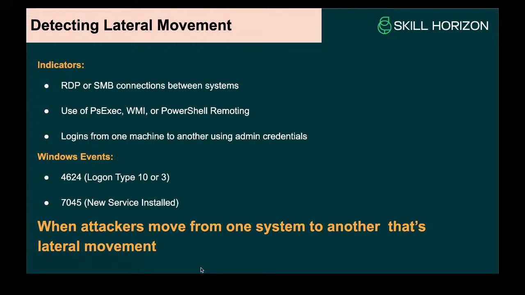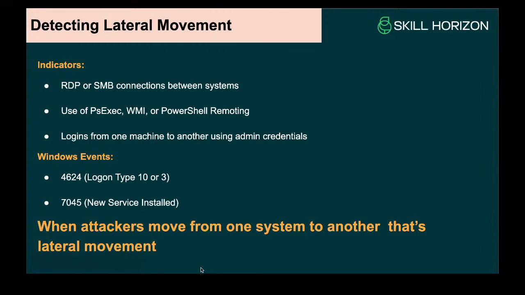After privilege escalation, the attacker moves laterally from one system to another. The attacker uses one compromised system to attack another system in your network, your organization, or your infrastructure. That is known as lateral movement.